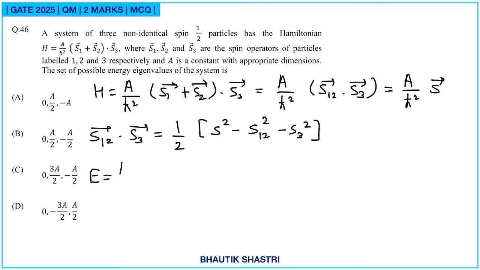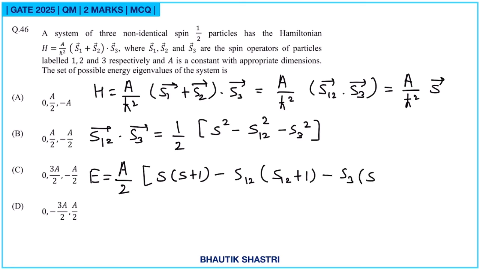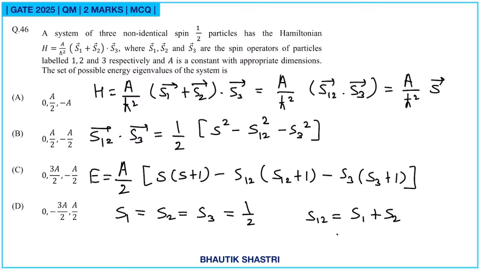So energies will be A by 2, and this h cut square will cancel out, and we will have S(S plus 1) minus S12(S12 plus 1) minus S3(S3 plus 1), and we will calculate all these values. Now individually S1 is equal to S2 is equal to S3 is half, and S12 is S1 plus S2, so it can have values 0 and 1, half minus half, half plus half.